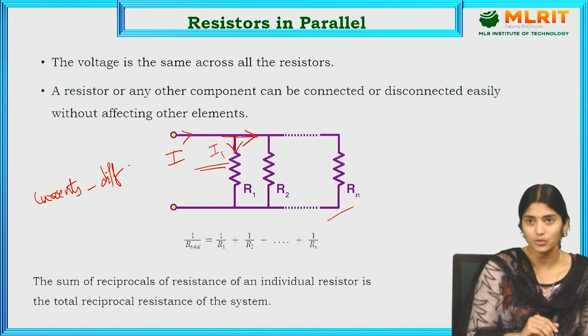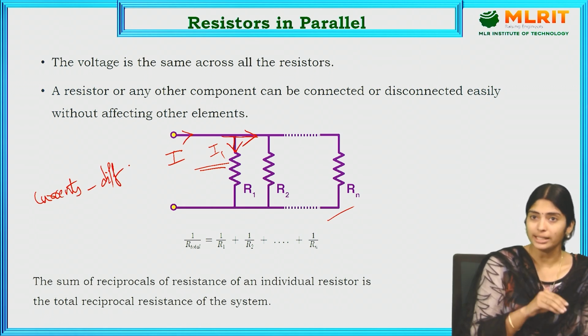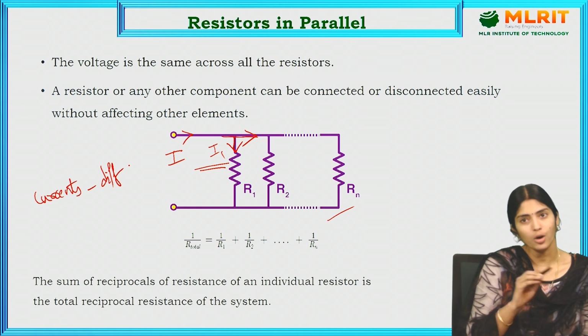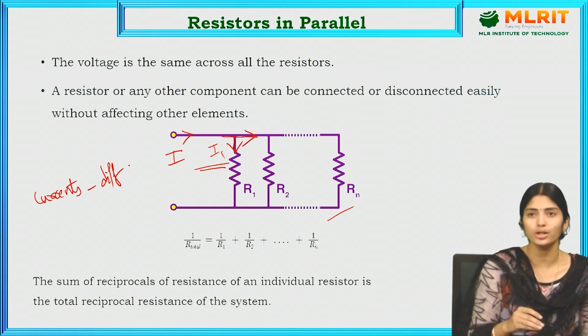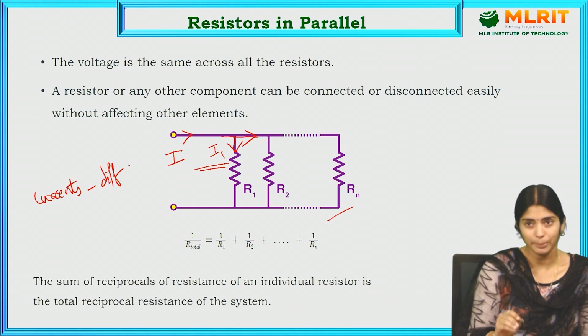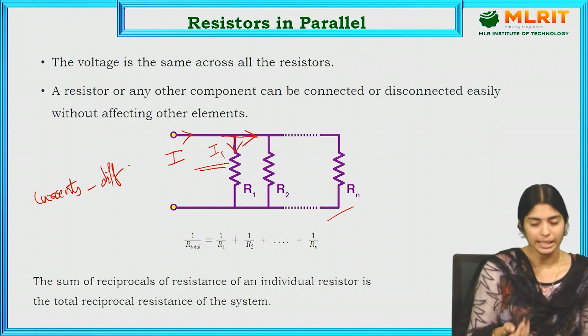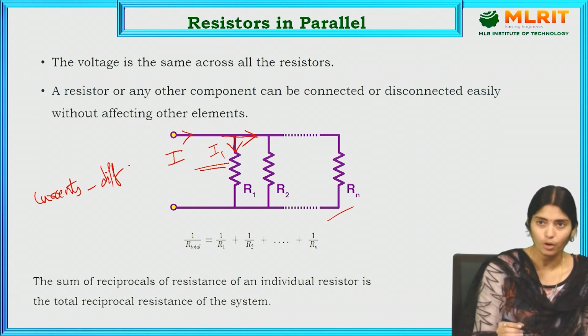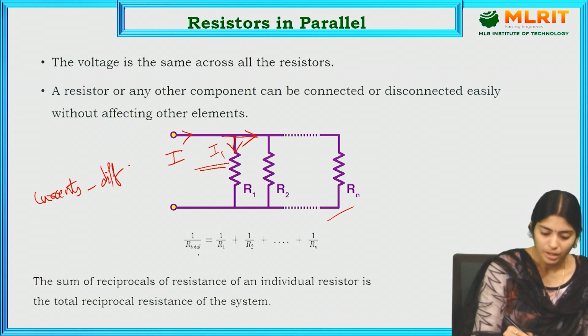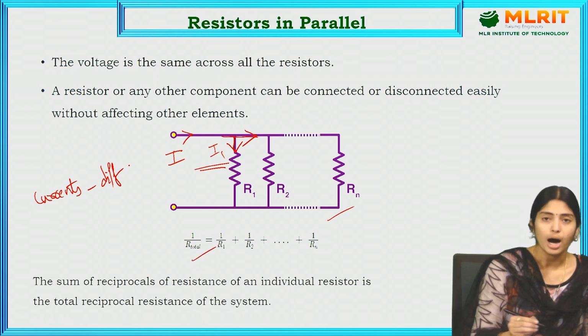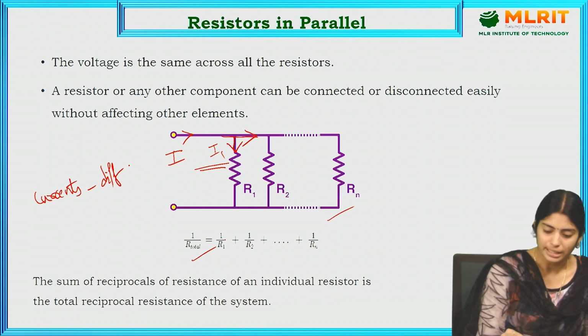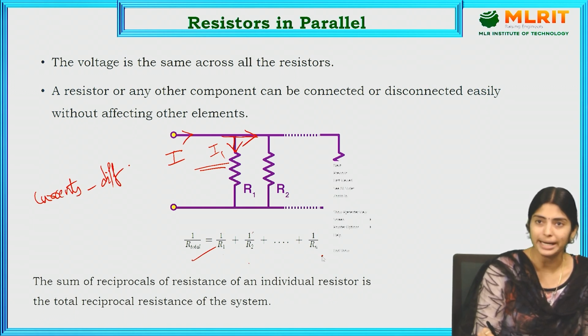But in the case of series, it is connected to the other end, meaning the previous end or the other end, so that connection or disconnection of the resistors becomes difficult in series. But in parallel, that difficulty won't be there. We can easily connect or disconnect the resistances. So in parallel, the equivalent resistance is 1 by R equivalent is equal to 1 by R1 plus 1 by R2 plus so on up to 1 by Rn.